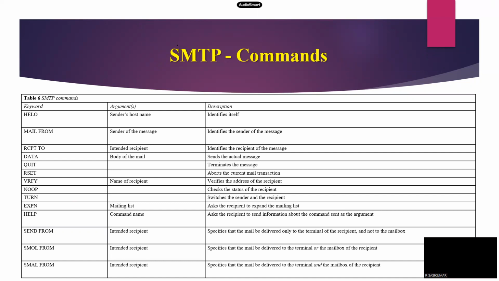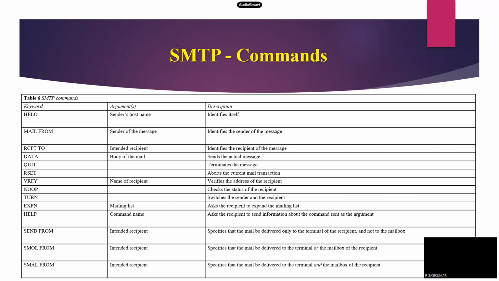The keyword is HELO, meaning the sender host name, which identifies itself, whether the connection is live or not. MAIL FROM identifies the sender of the message. Suppose I received a mail from anyone, the message coming from that sender information will be displayed. RCPT TO is the intended recipient, who will receive my mail. DATA is the body of the mail.